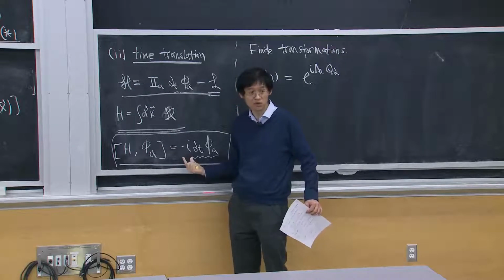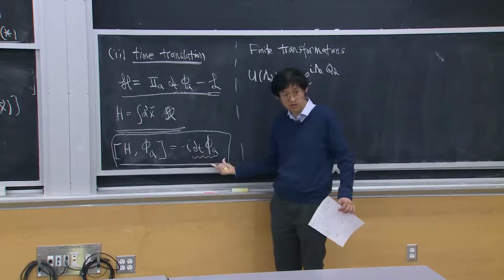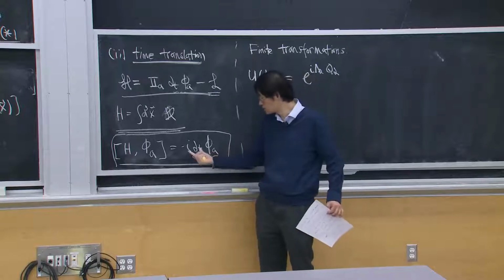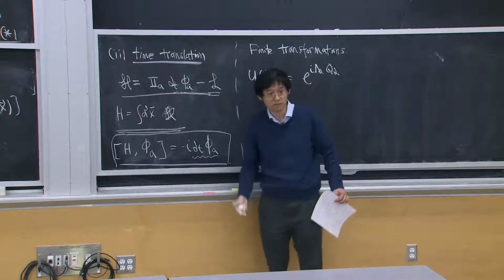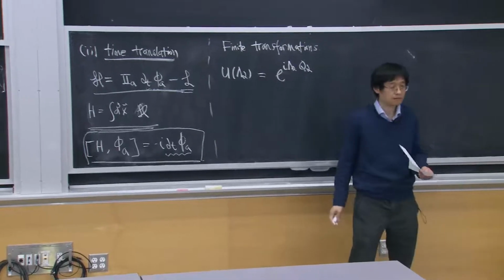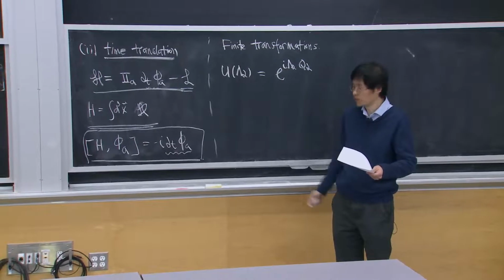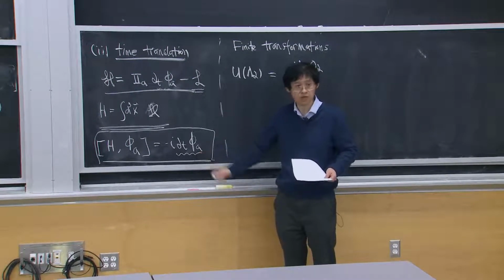But you don't have to do it, because we know this has to be true by self-consistency. When we quantize it, essentially we are solving the Heisenberg equation. But you can check it explicitly yourself that this is true.